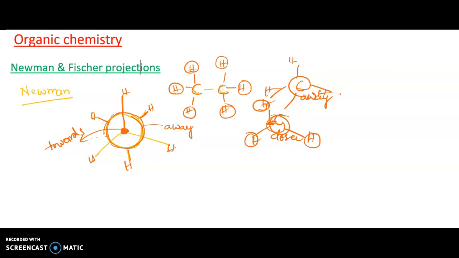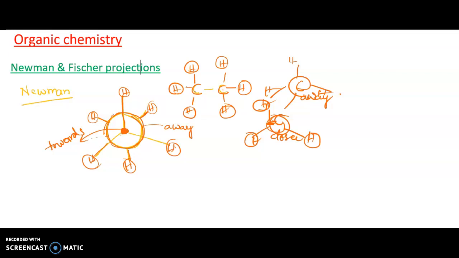So in the Newman projection, the two carbon atoms are represented, one with the center of the circle and the other with the circumference of the circle. Whatever bonds are present on the away carbon and the front carbon, we have to represent like this.